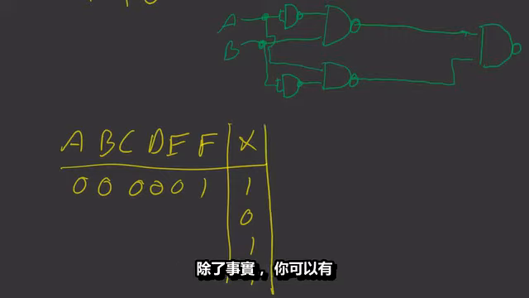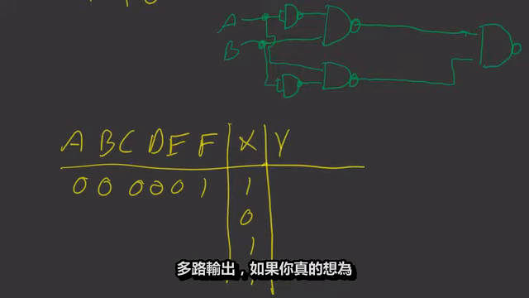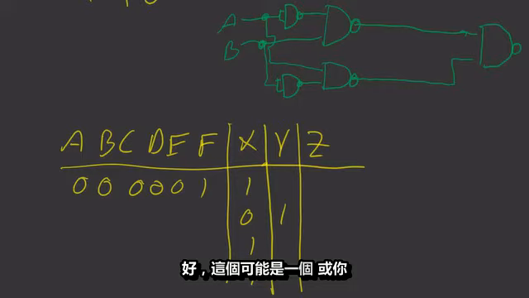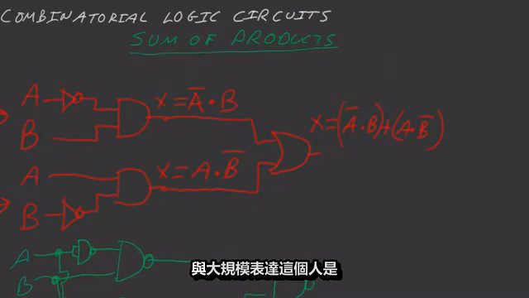Not excluding the fact that you could have multiple outputs as well. You could have various outputs for various purposes, so you can combine lots of inputs and lots of outputs, and you'd end up with a massive expression. This one is about as simple as it gets.